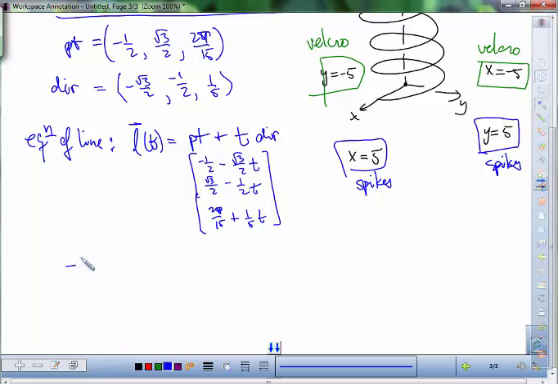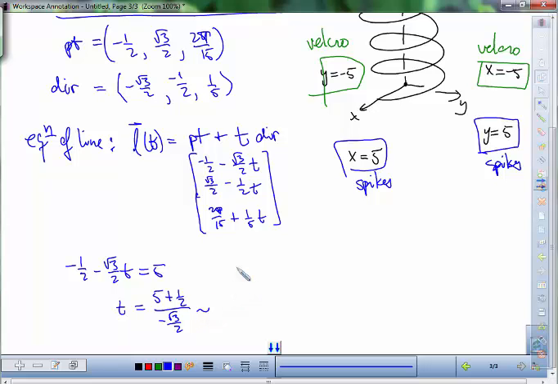So let's take 1/2 minus root 3 over 2t equal to 5, and then solve for t. Let me solve for it using the algebra, and then you guys can give me an actual number here. So it looks like it's 5 plus 1/2 divided by negative root 3 over 2.